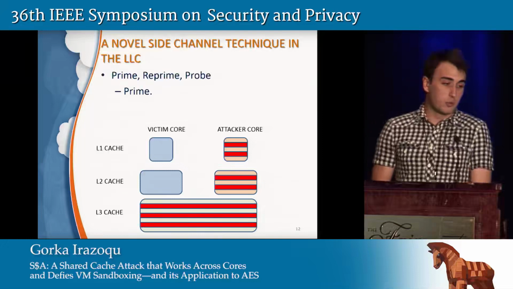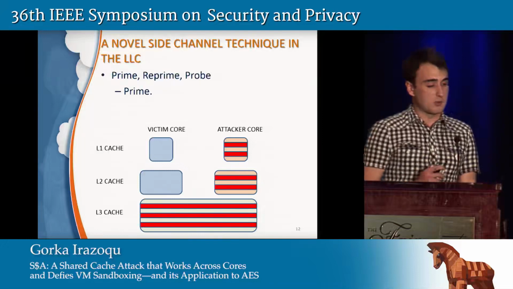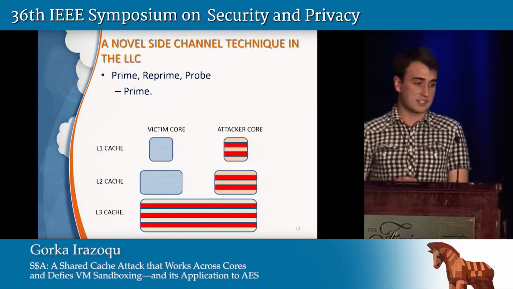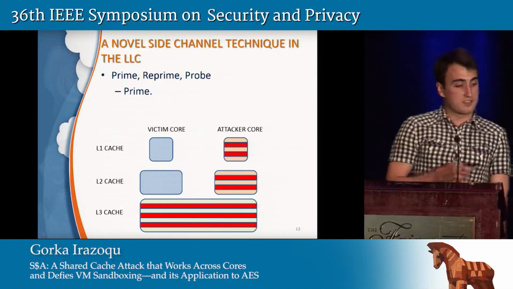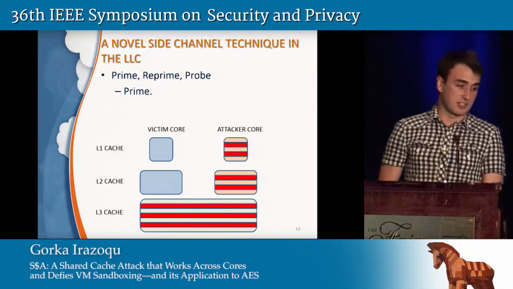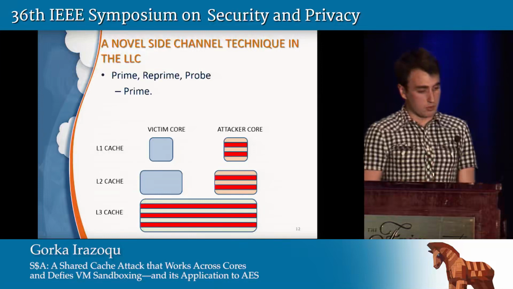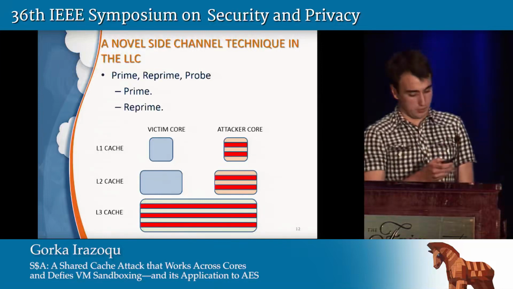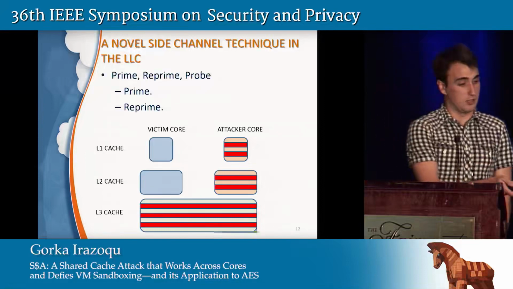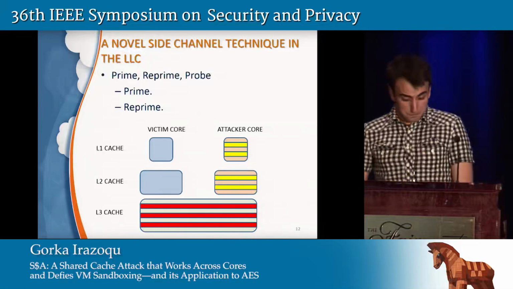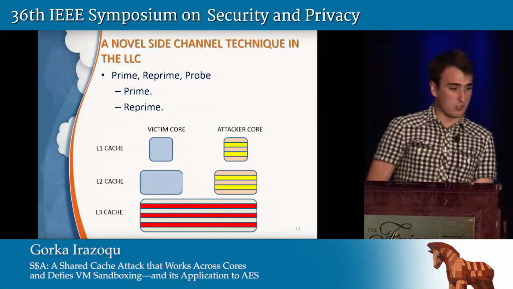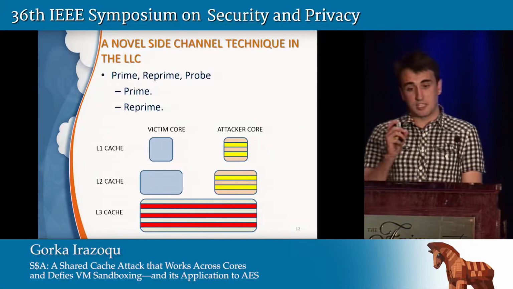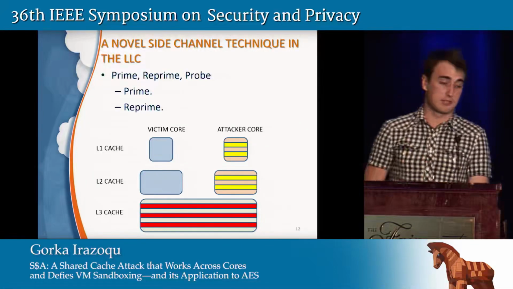And since we want to clearly distinguish between last level cache and memory accesses, we don't want the evictions in the level 1 and level 2 caches to affect our results in any way. So what we do is we reprime the upper level caches. We generate memory blocks that kick memory blocks in the level 1 and level 2 caches, but that don't touch the memory blocks in the last level cache.